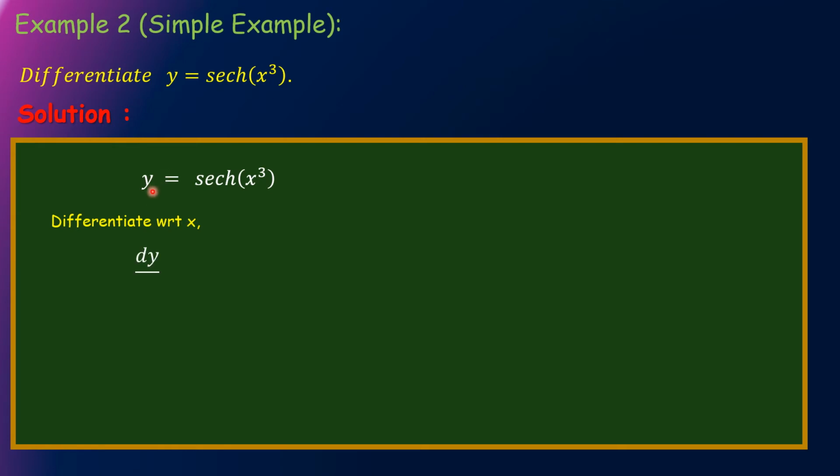We differentiate y, the symbol is dy over dx equals, and then to differentiate sec x cubed, we prepare the space for the answer. We prepare the space first so that we can compare with the formula for the derivative of sec x. And then we prepare the space for differentiating x cubed.